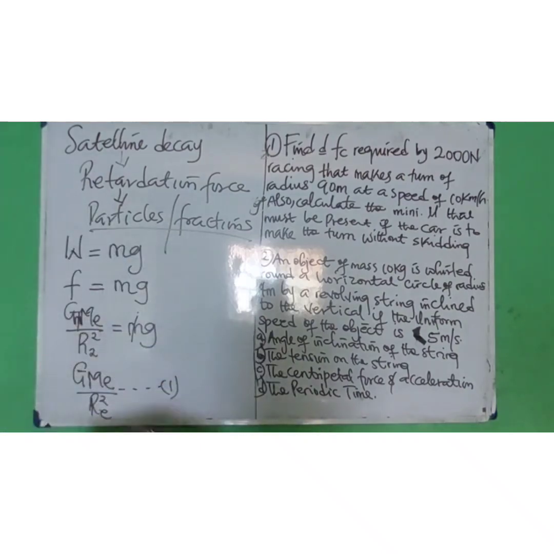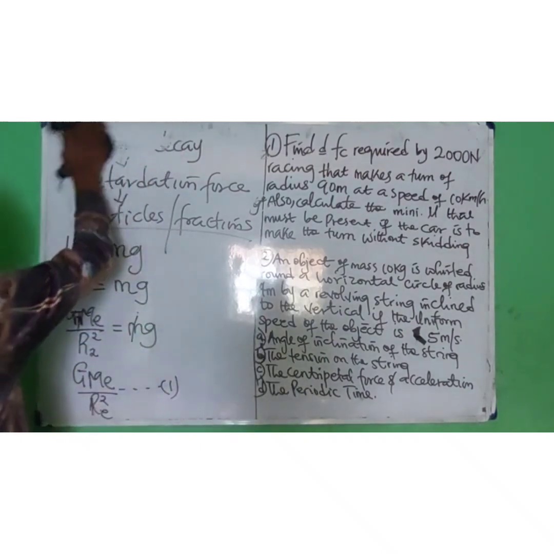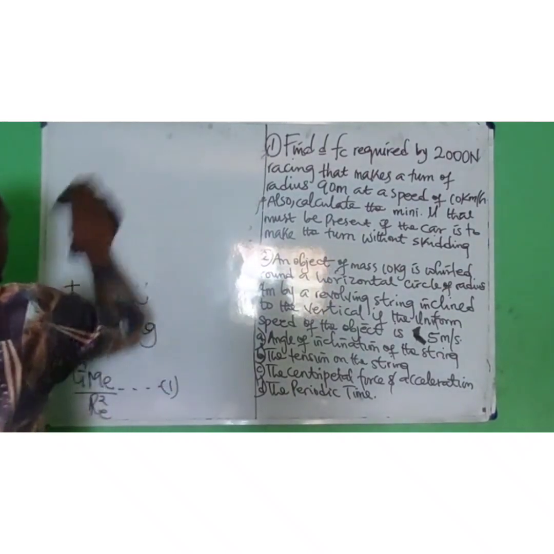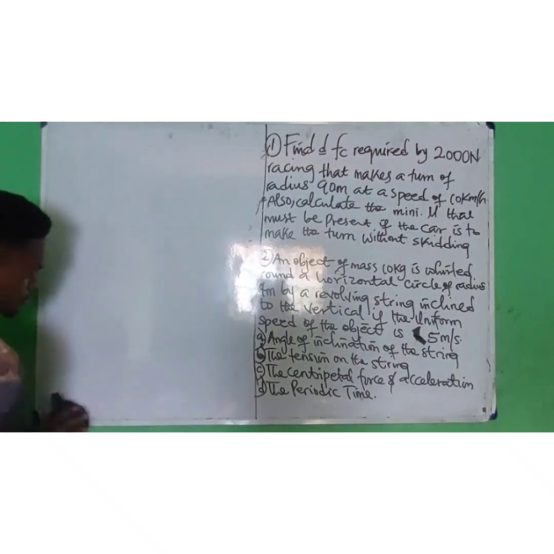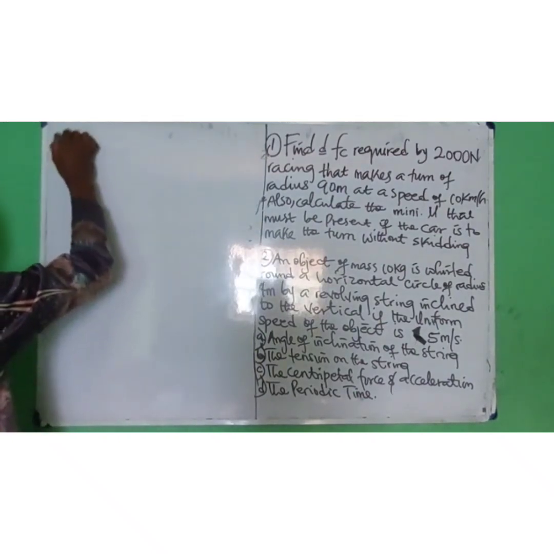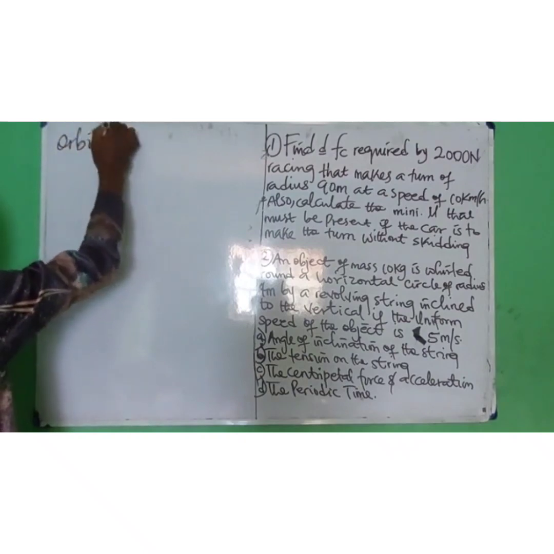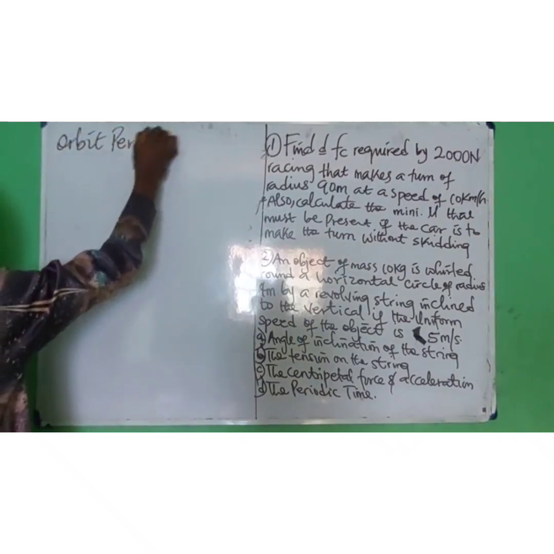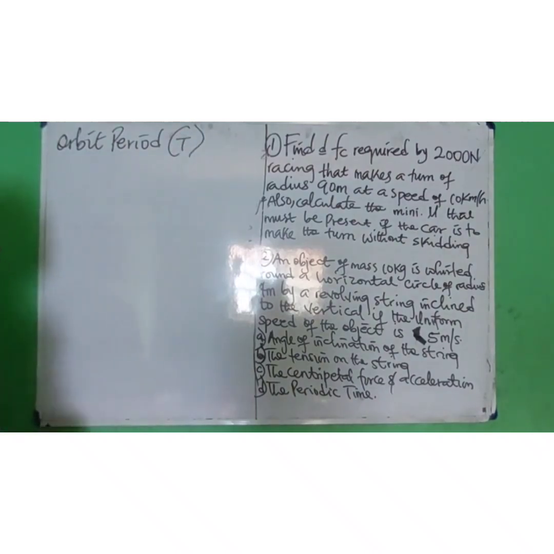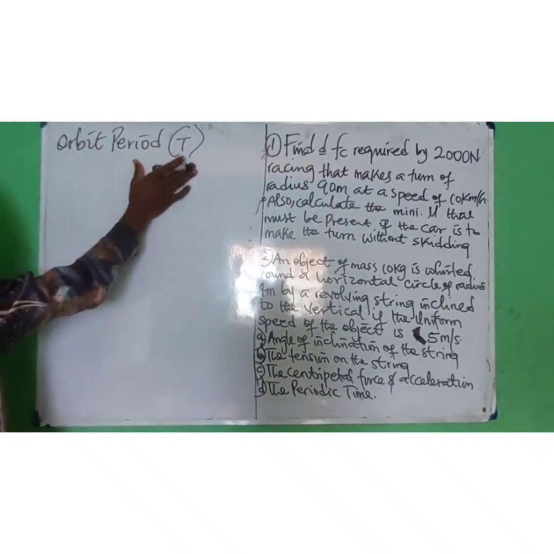The last one for today is called the orbit period. Orbit period is known as big letter T. What is the meaning of orbit period?